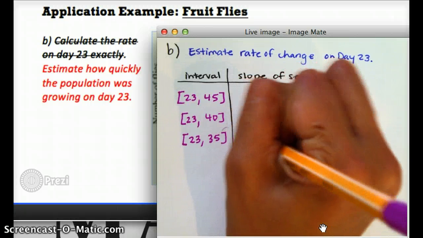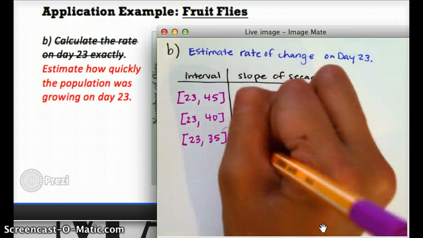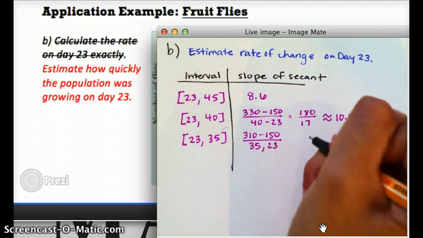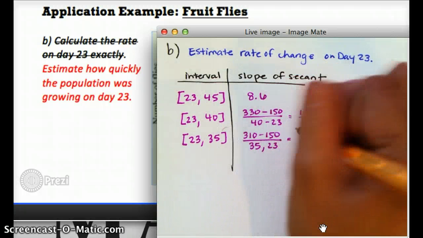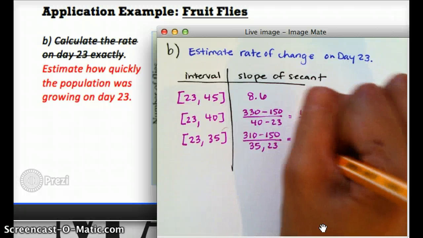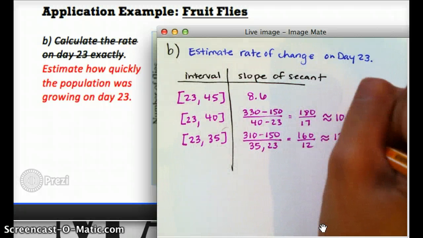So 310 minus 150 divided by, this time, 35 minus 23. And we're going to end up with 160 divided by 12, which is approximately 13.3.